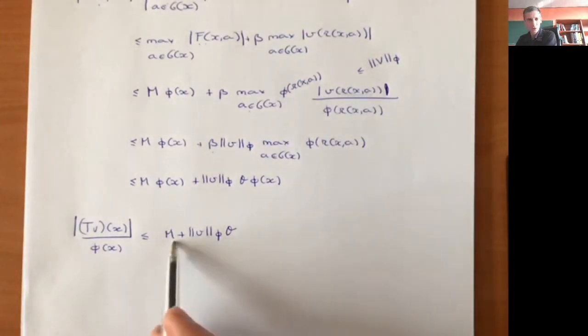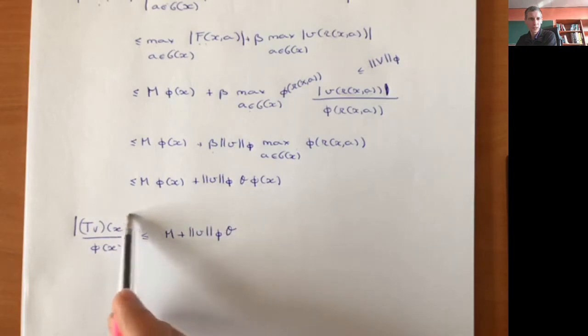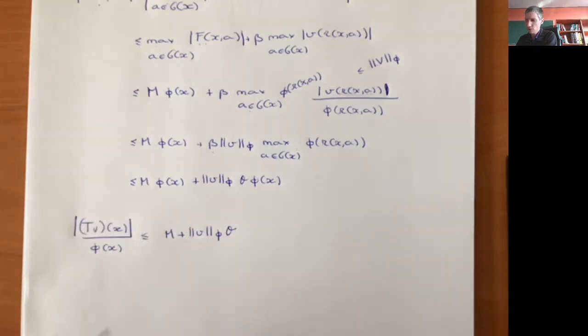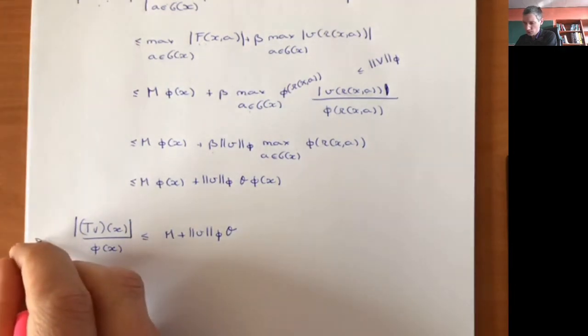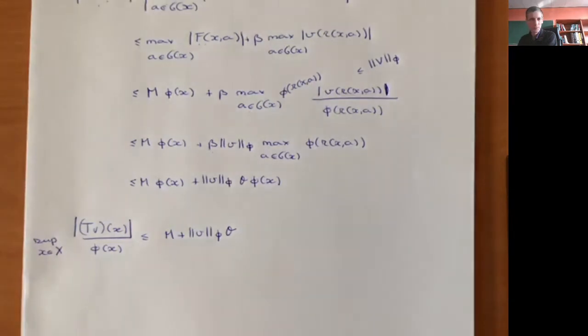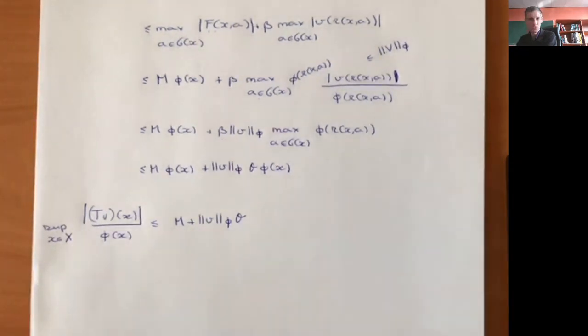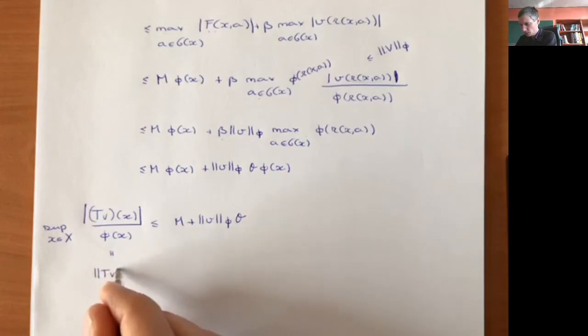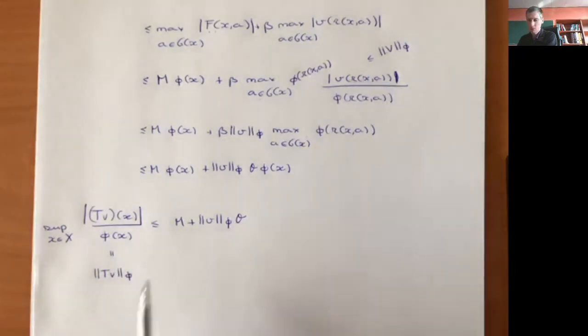So this doesn't depend on x anymore, right? This is independent of x. So I can take the supremum over x of this thing here, and the inequality will still hold. So this condition also holds, and this is nothing else than the phi norm of TV, and this is just an upper bound, so I know that this is bounded in the phi norm.